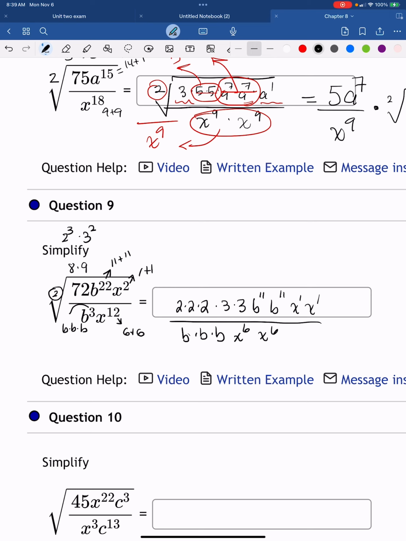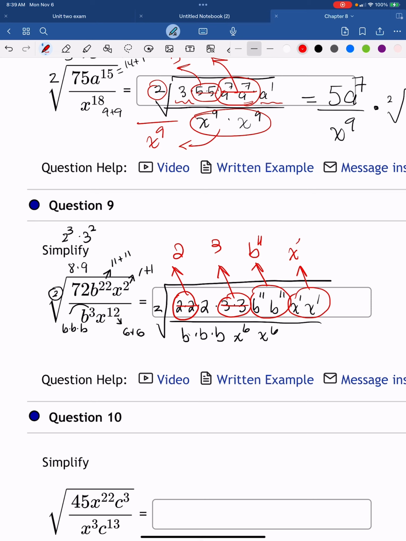Okay. Oh, I need my square root. Pairs. I can pull out 2 to the 2. I have 2 3s. I have 2 of these b to the 11ths, and I have 2 of these x to the 1s. And then down here, I have 2 1s, and I can pull out an x to the 6th.